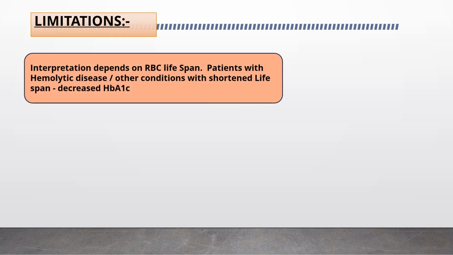Now, let's see the limitations of this test. Any condition which affects RBC lifespan, like hemolytic disease, sickle cell anemia, or pyruvate kinase deficiency, all these conditions where the RBC lifespan is affected, decreased HbA1c levels are seen, which can lead to misclassification.